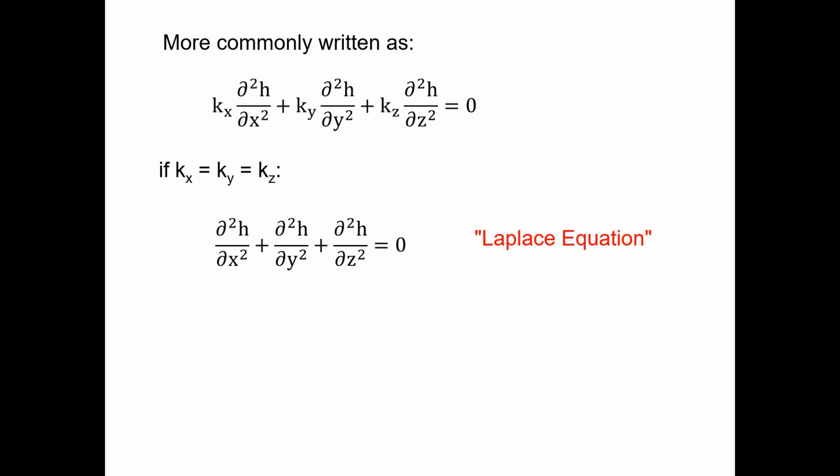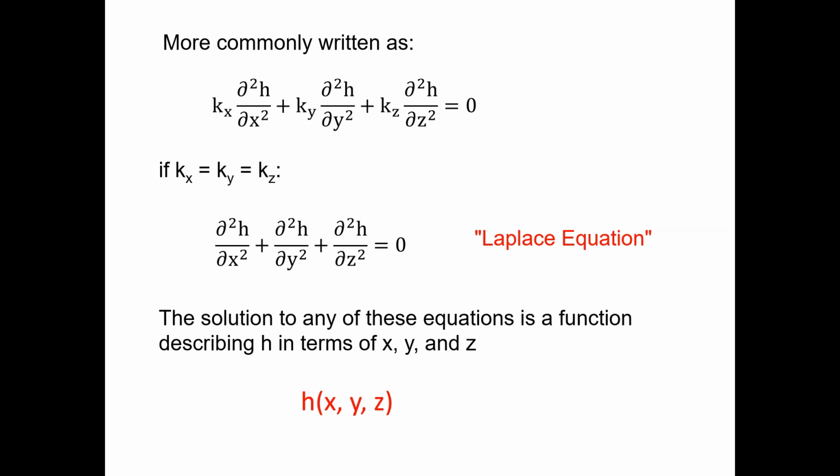You actually may have encountered this when you're learning about seepage in an introductory case. We often solve a version of this when we solve flow nets. We make that simplifying assumption. Now, for all of these equations, whether it's the general case or this case here with the off-diagonal terms 0, or even the Laplace equation, these are all differential equations.